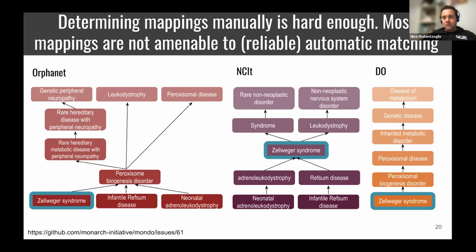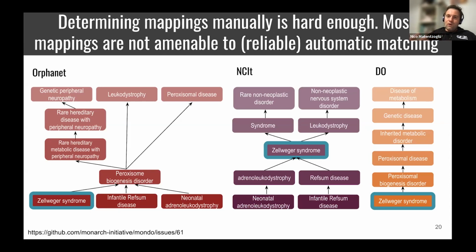So this is another example we sometimes use in Monarch presentations, where you go there with the assumption that at least if you are using the same label, you may be talking about the same construct in the same context. So here you see that, for example, in three ontologies, Ordo, Orphanet and NCIT and the disease ontology, you see the same sounding disease, Zellweger syndrome, being classified very differently in all of these ontologies.